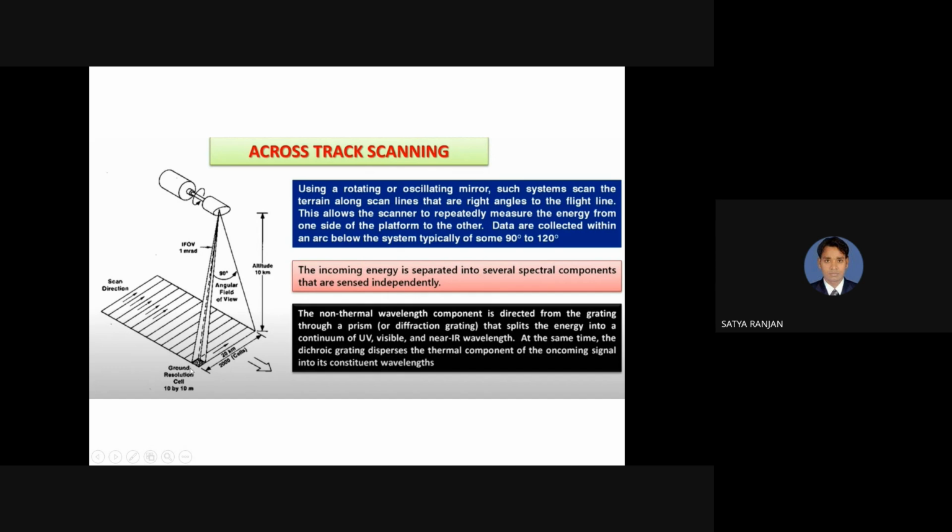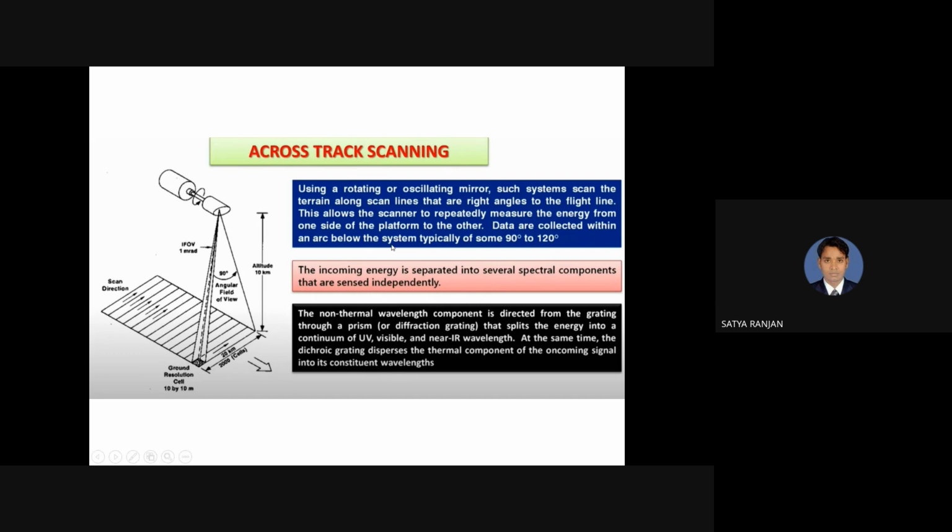So it is scanning left and right, and the scanning direction is given in this area. So it is not along track; it is some movement of the sensor at a 90-degree angle in this scanning system.